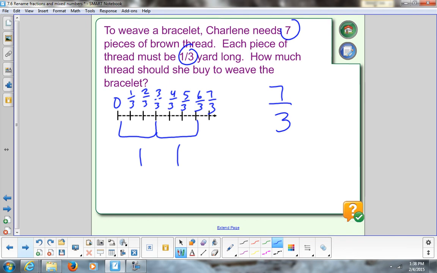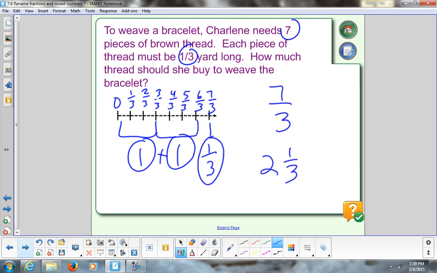And it's 2/3. Okay, so what is my mixed number? Trinity. No, I have 1 here. 1 and 1. How many wholes is that? 2. And then what's my fraction? 1/3. Okay, so that's another way to model how to do this.